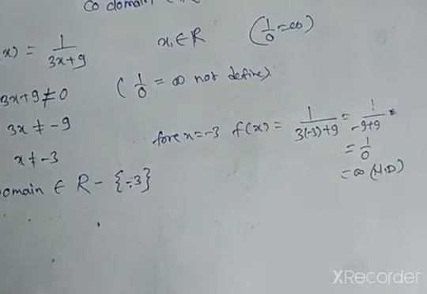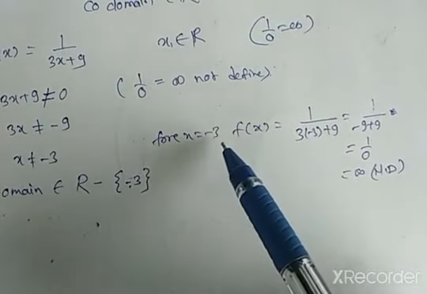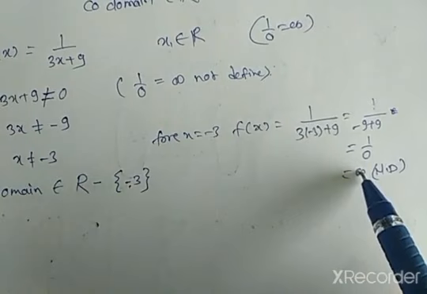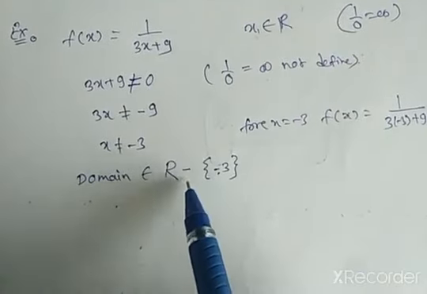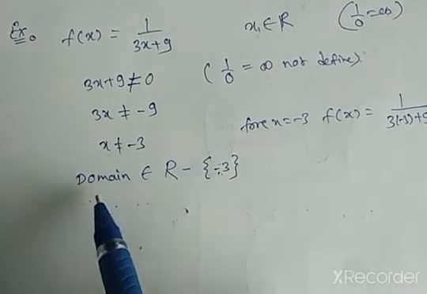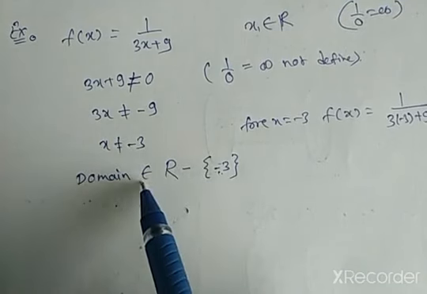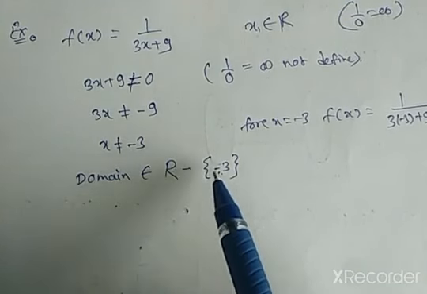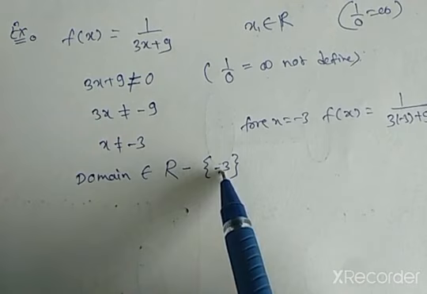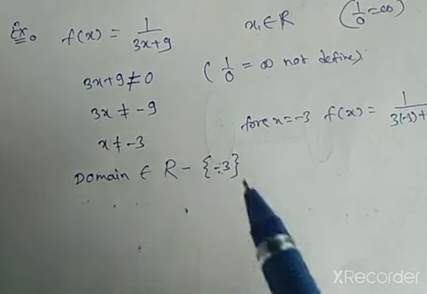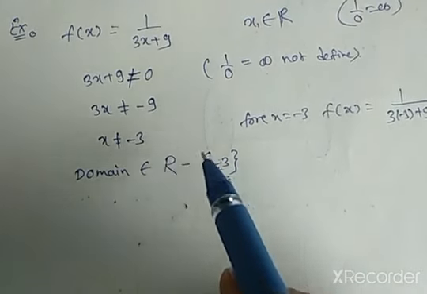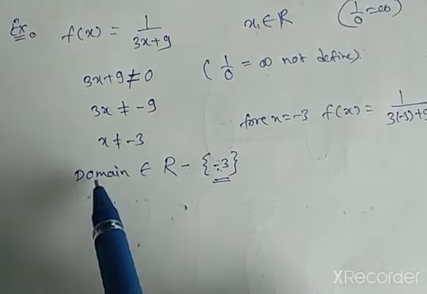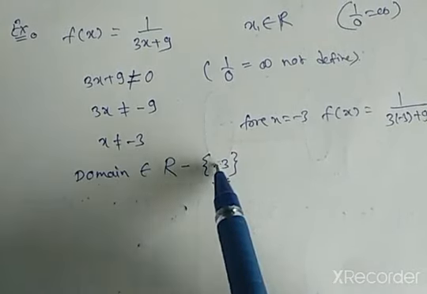So at x equal to minus 3 the function will not be defined. So the domain will be the set R minus the singleton element minus 3. We have to exclude the set of minus 3.